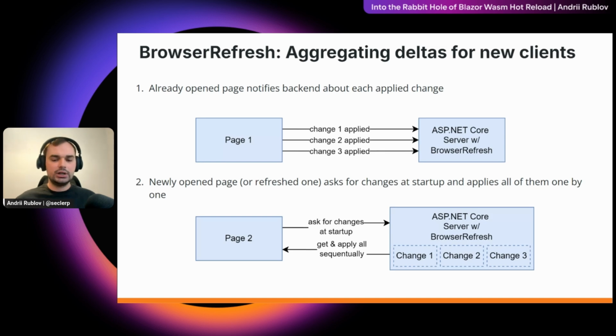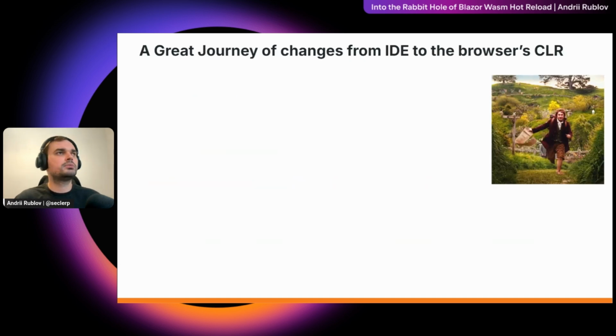They're just stored as a set of changes. However, in practice, hot reload sessions are really rarely long, and changes are quite small. So each application of a change is quite an easy operation to perform.